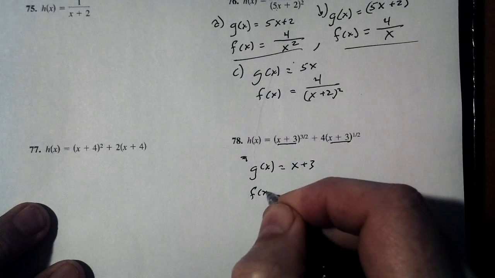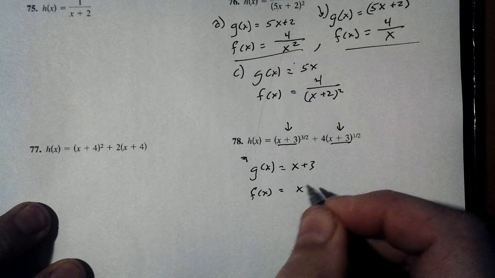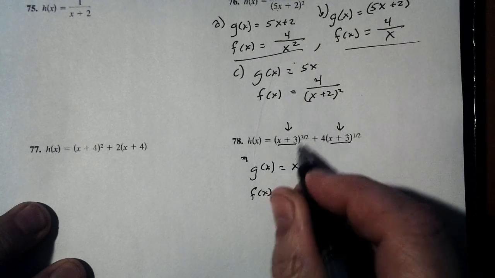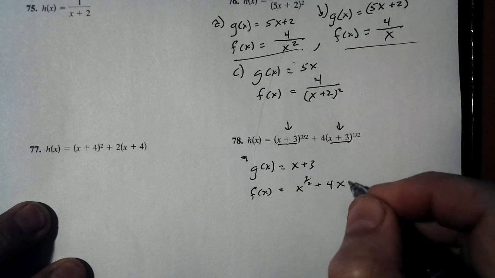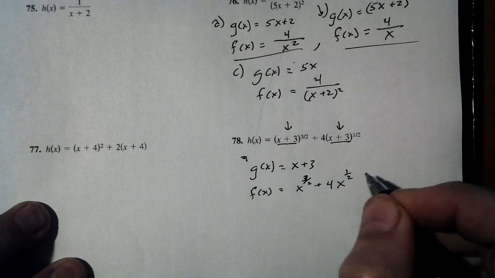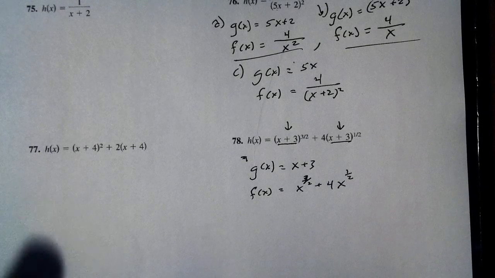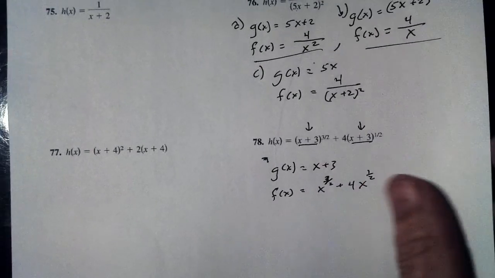So then f of x just has to take the thing that comes into it, whatever comes in there, take it to the 3/2 and take 4 times it to the 1/2. And as crazy as that is, and I mentioned earlier, this actually is important algebra for us in some calculus problems. There aren't a whole lot of algebra things that we would need to do this with, but in some calculus things it is important.